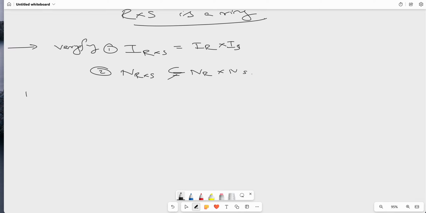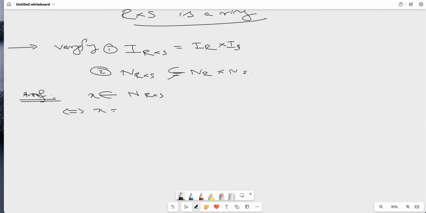So, proof. How do we prove it? Suppose x is an element of R cross S, to show the nilpotents of R cross S is contained in the nilpotents of R cross the nilpotents of S. Let me go with the if and only if condition.